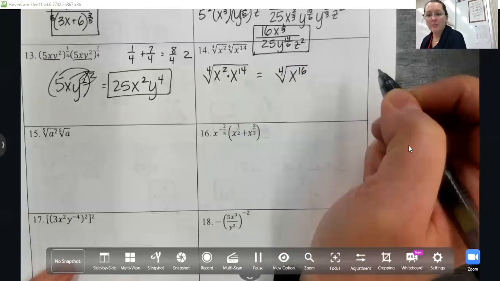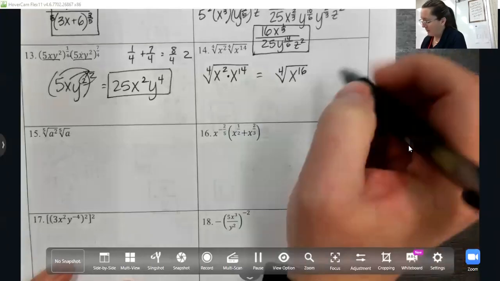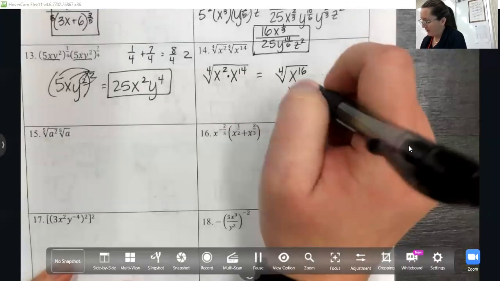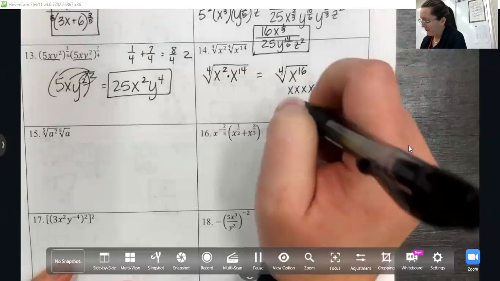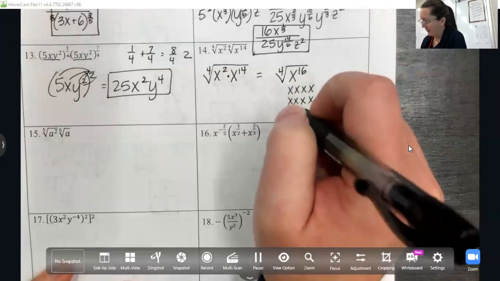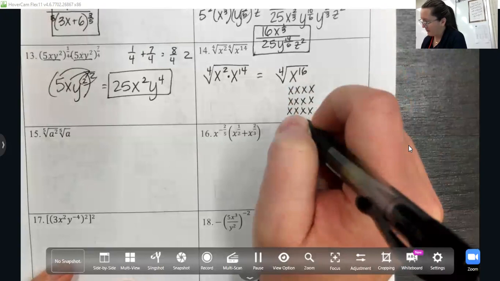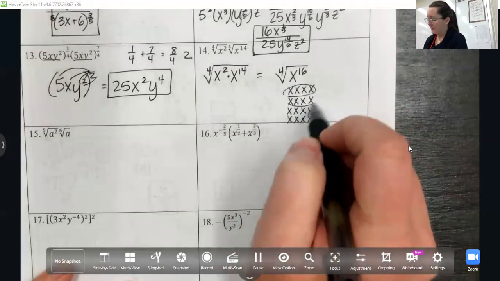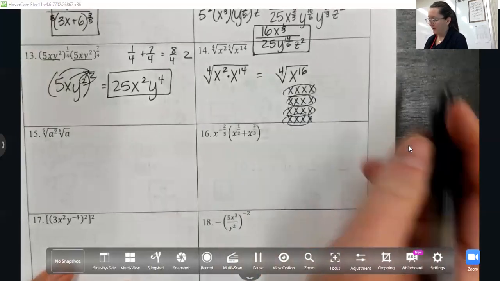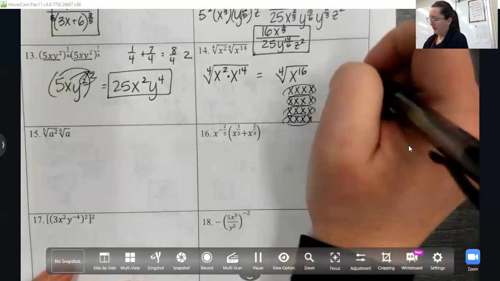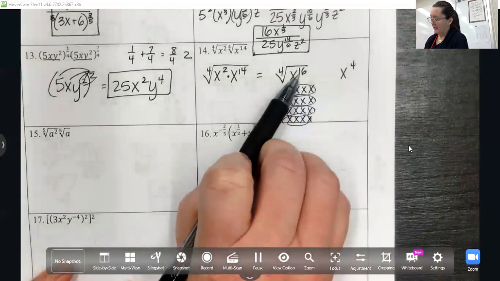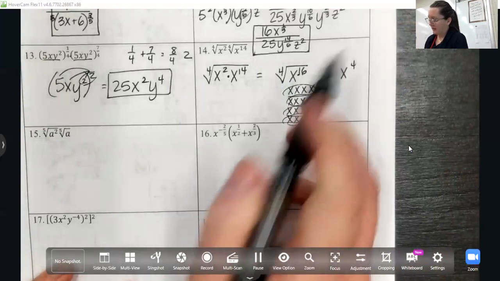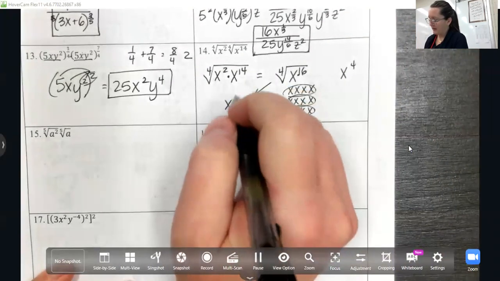Now let's see if we can break this apart. Now I'm going to write them all out, even though this is the slowest, most time consuming way that we could do this, and I'm going to look for 4 groups. But I want you to notice too that I can also divide 16 by 4, because this can also be written as x to the 16th over 4.